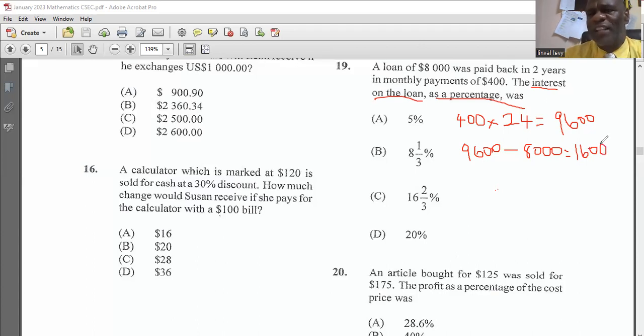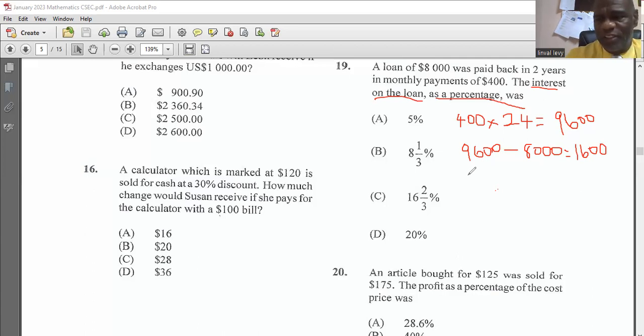Now we want to find the interest on the loan as a percentage. So what was the loan amount? The loan amount was $8,000. So we are going to put the interest over the loan amount.